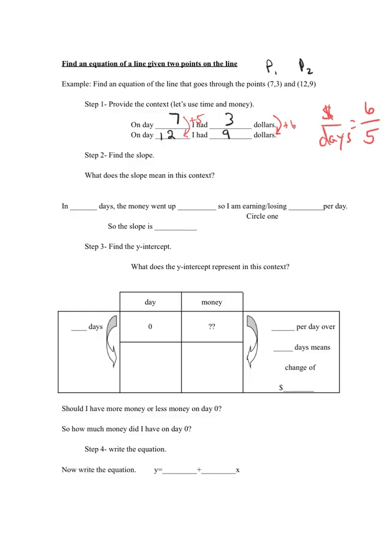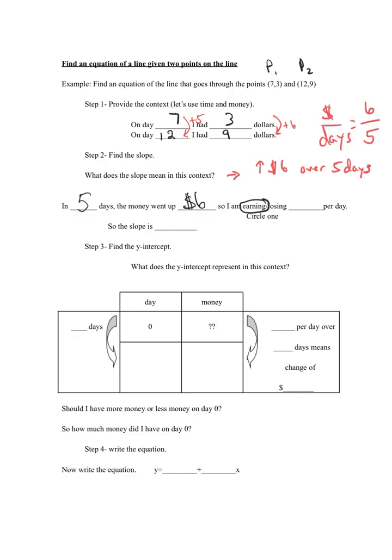In terms of the context, I kind of said it, right? What does that mean? Well, you went up $6 over 5 days. The fraction itself even kind of illustrates that. Up 6 over 5. So you went up by $6 over a period of 5 days. All right, so in 5 days, the money went up by $6, right?